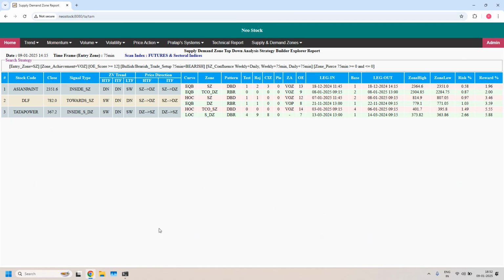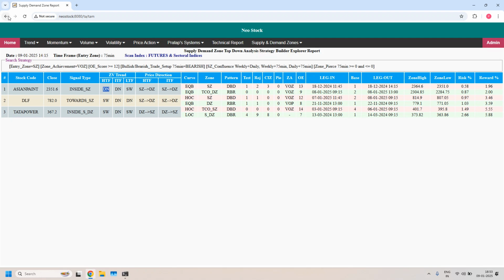In these 3 stocks, these 75 minute supply zones are part of the daily supply zone. Both together again part of the weekly supply zone. And weekly trend is down only for 1 stock, Asian Paints. If this stock is having weekly EMA confluence, it could be even more high probability trade setup supported stock.